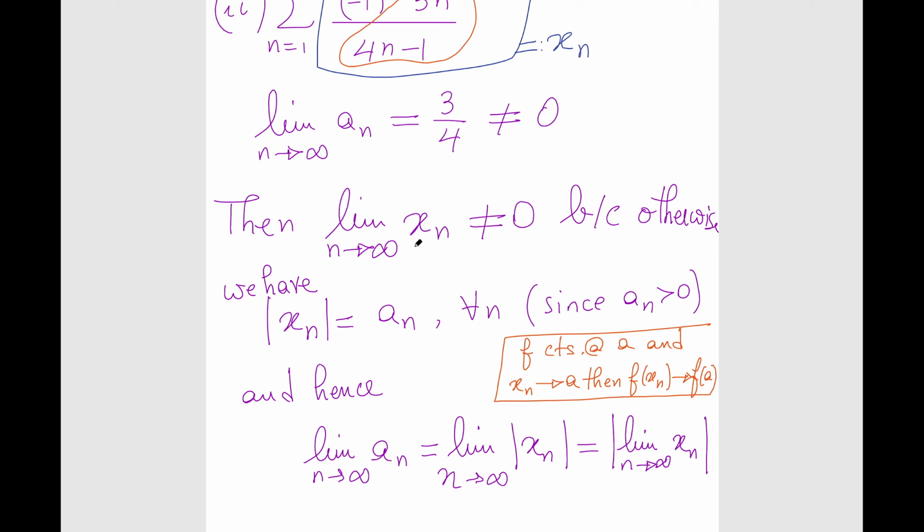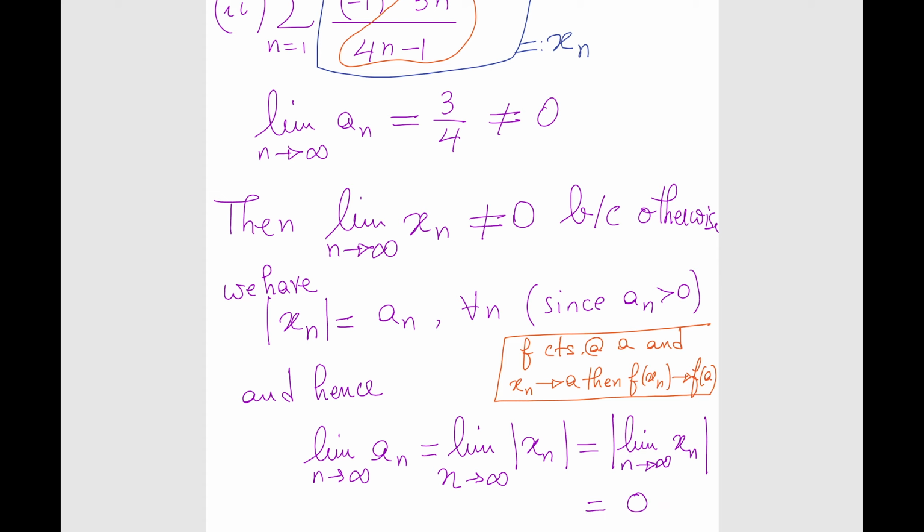So we're assuming that xn goes to 0. So the absolute value of xn is going to go to the absolute value of 0, which means 0, right? That's what we're talking about. And the absolute value of xn, as we said, is an. So an must also go to 0.